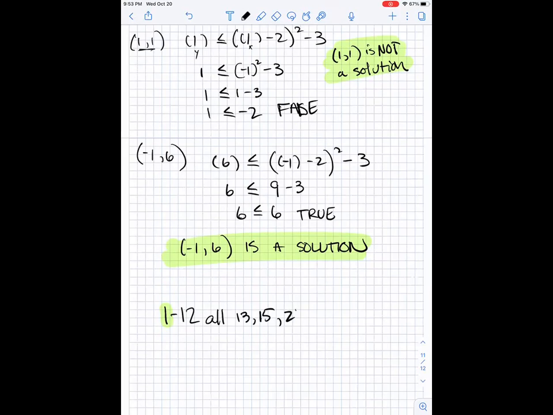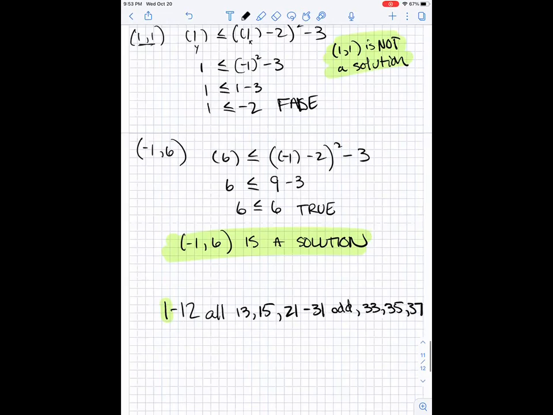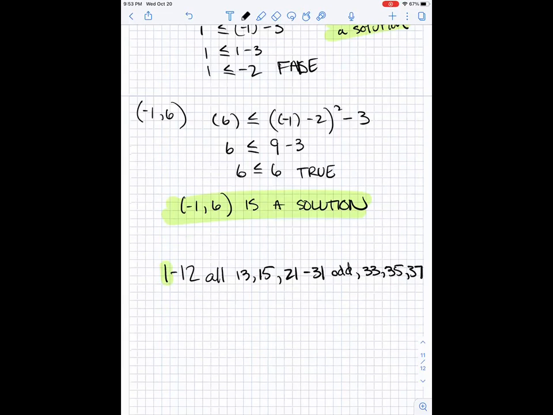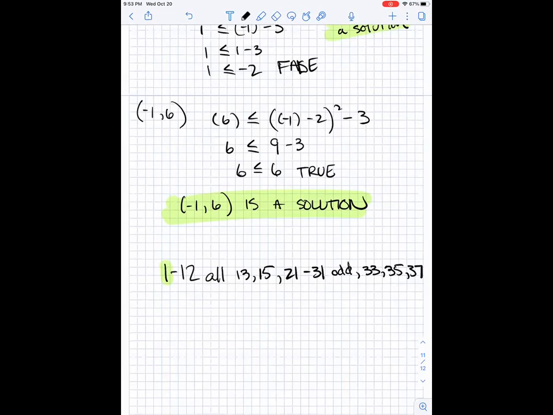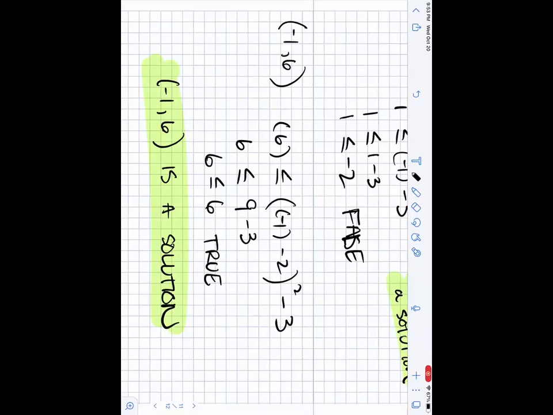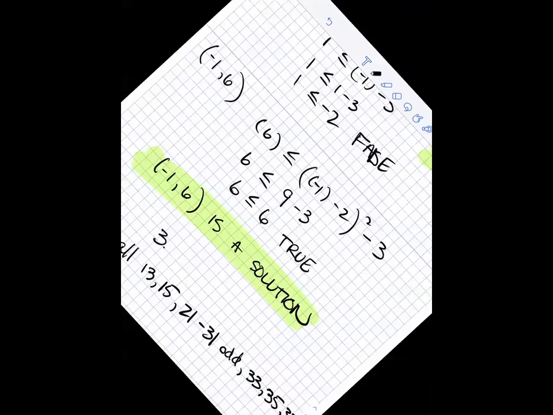And then 21 through 31 odd. And then 33, 35, 37. And that's section 3. I can't remember. Hold on. 3. And this will all be in Google Classroom.